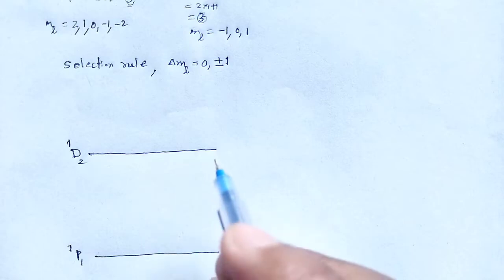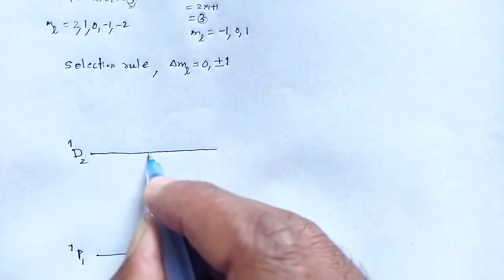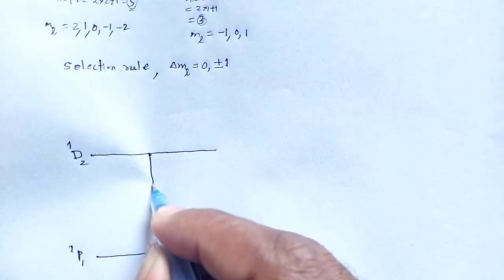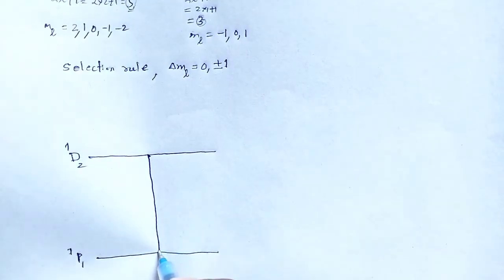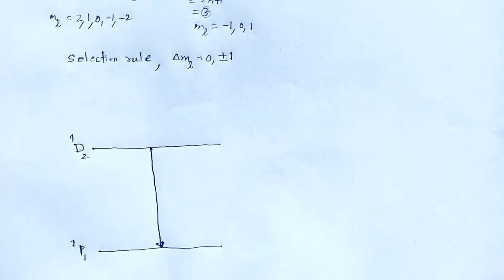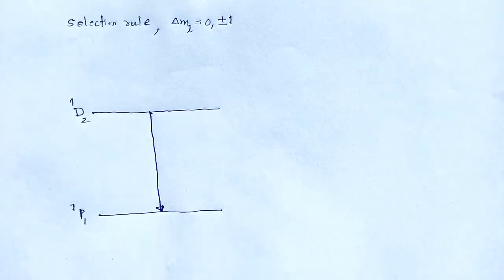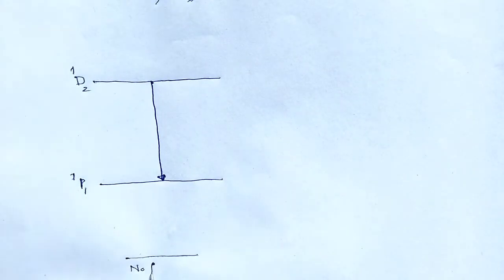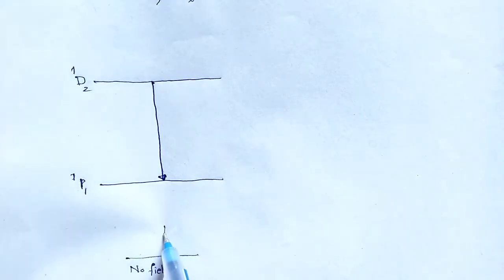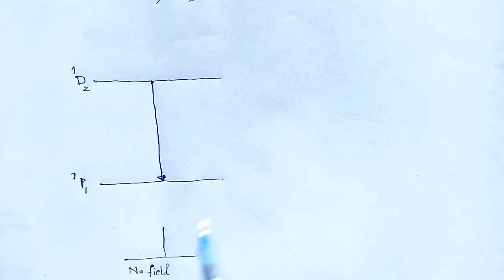When no field is applied, the allowed transition from 1D2 to 1P1 is that one. Here no field is applied, and we get one single line.